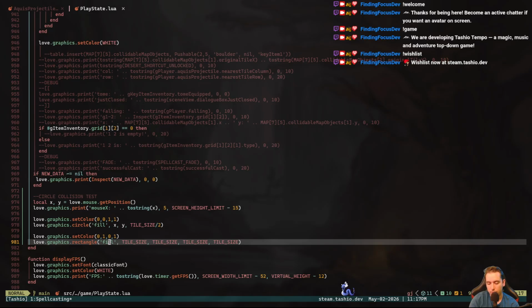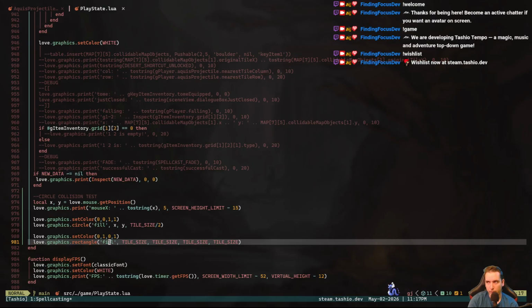It's tough, I'm not sure how to do it, because we'd have to take into account the position of the circle, then the size of the radius of the circle, and then project that out in every direction and check for overlap with a rectangle or a square. So I don't think square to circle collision is all that great for this.